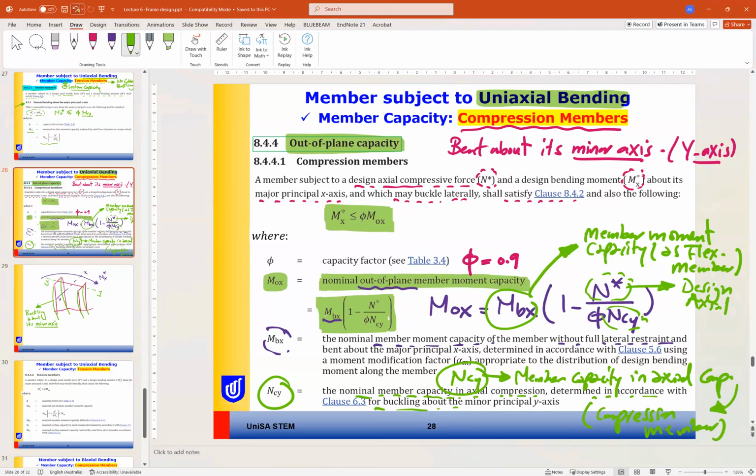So it is like a mix between the member capacity for bending moment and the member capacity for axial load.